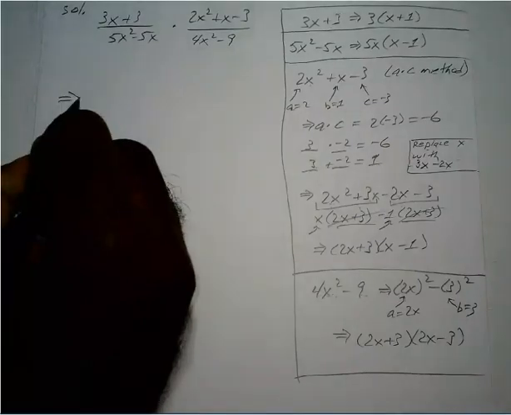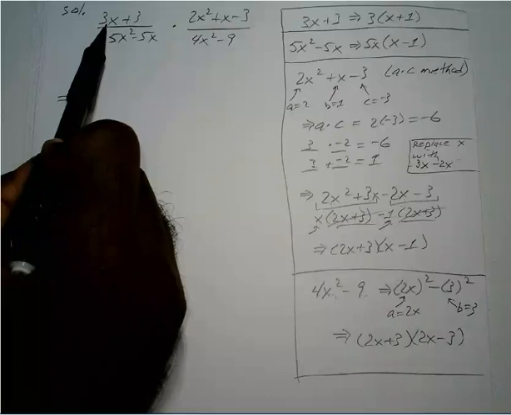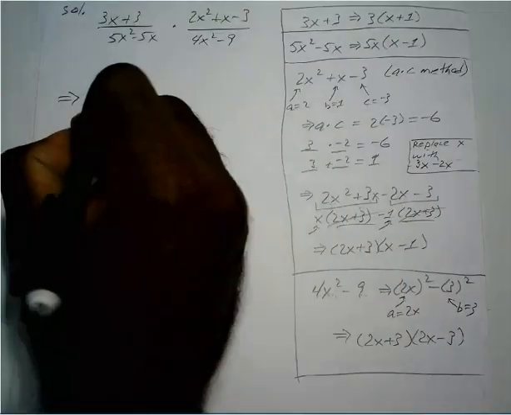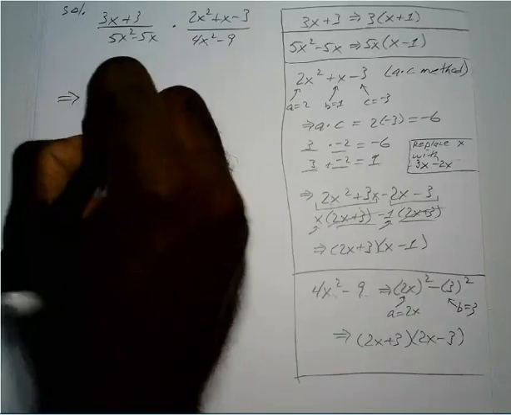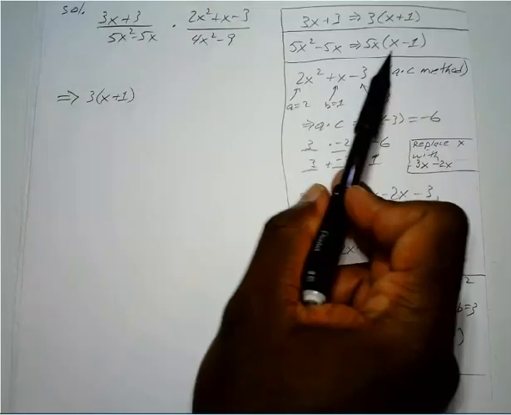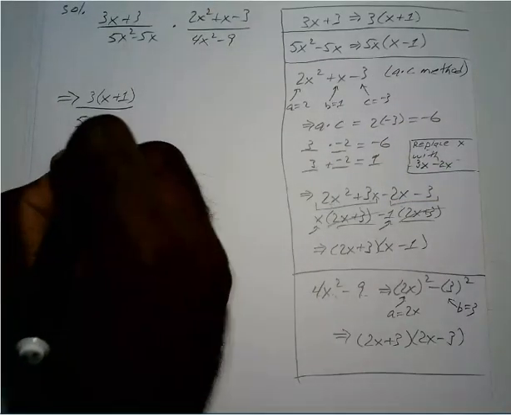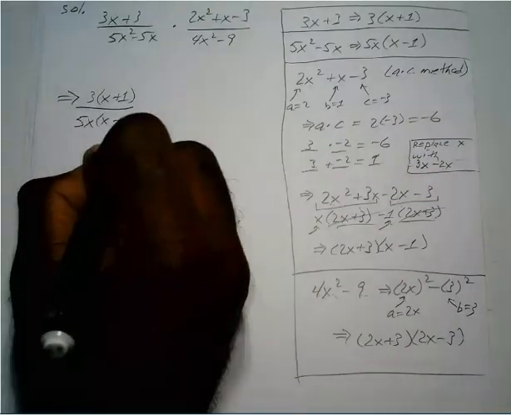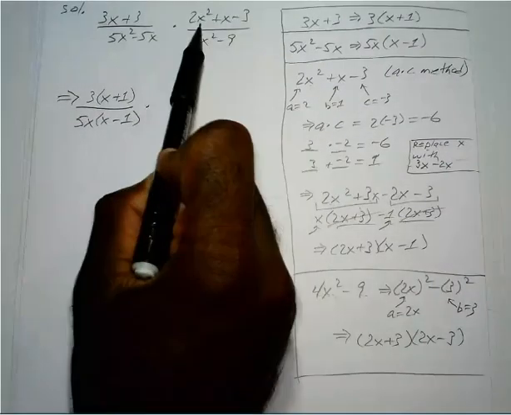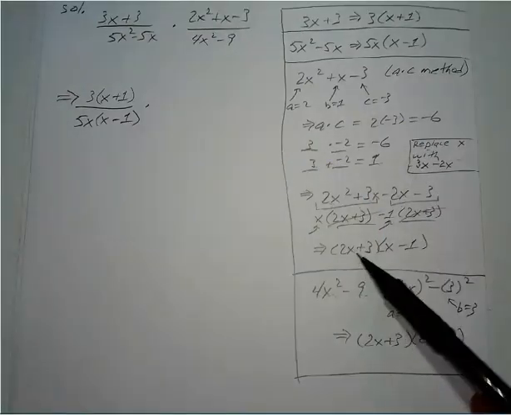So, if we rewrite our 3x plus 3, that's just 3 times x plus 1. Our 5x squared minus 5x, that's just 5x times x minus 1, sorry about that. Times our 2x squared plus x minus 3, we know that's 2x plus 3 times x minus 1.